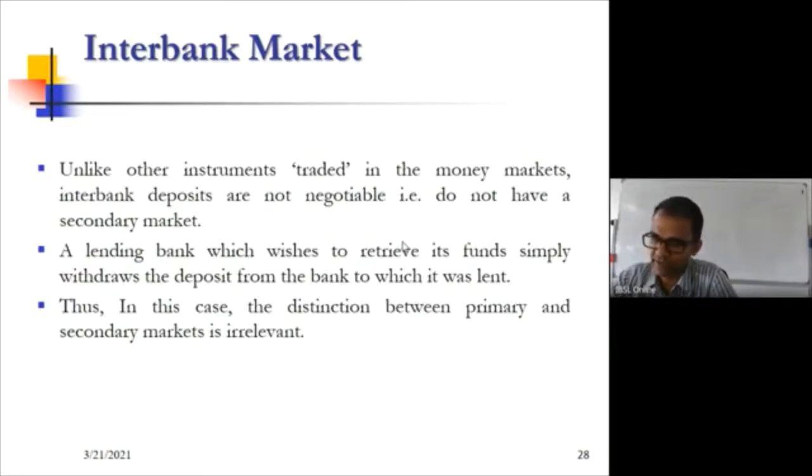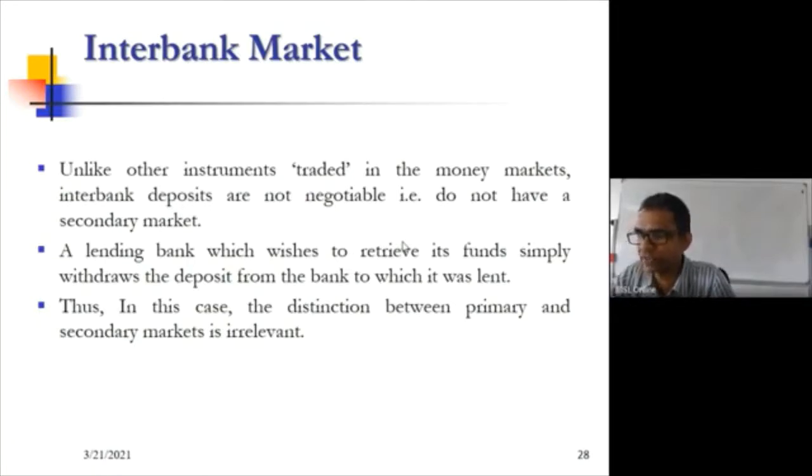Whenever the rate moves in your favor, you will try to cancel the deal or early settle the transaction. That is not good for the other party, and it can happen the other way around on a future date. So generally you don't do that. Once you enter into a transaction, you hold it for that period.